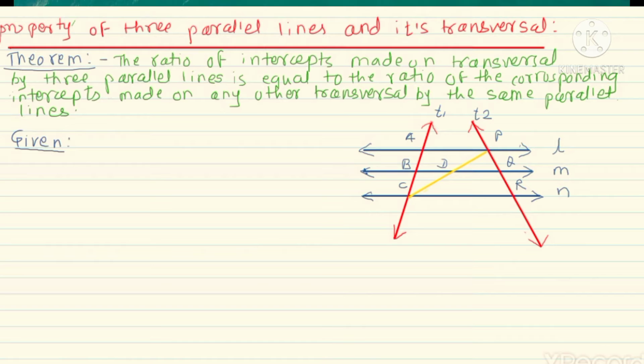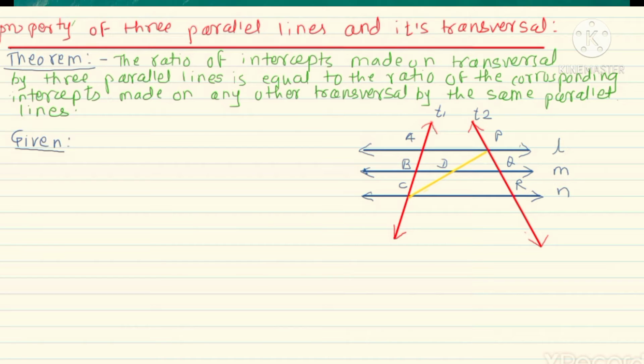Now, what is the property? Property is ratio of intercepts made on transversal. Intercepts means segment AB is an intercept made by transversal T1 and segment BC is also an intercept made by transversal T1. T2 made two intercepts, intercept PQ and intercept QR.